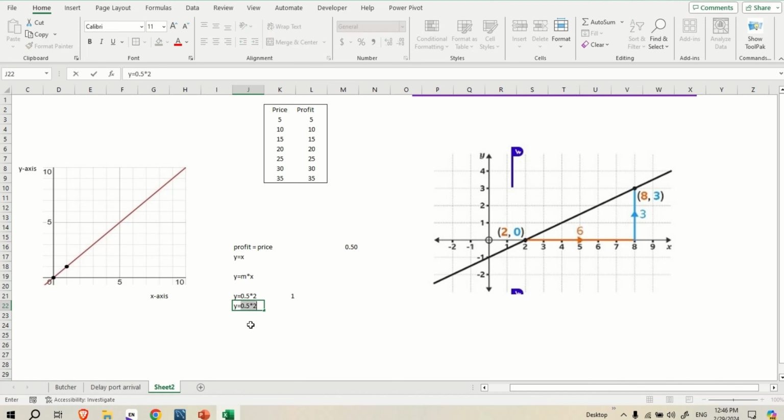Let's try and see what y is when x is 8, since we have a point there. So the slope is 0.5 times 8. 0.5 times 8 is supposed to give us 4, right? But we have that when x is 8, y is 3.